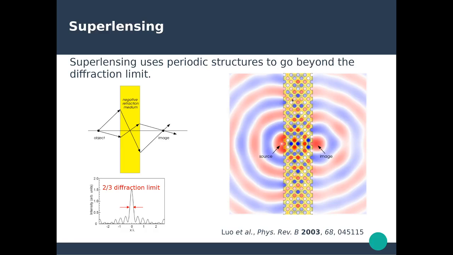This is just a computational simulation of a point source through this kind of photonic crystal, which is designed with materials, periodicity and size such that it behaves as a negative refractive index material, and you can form an image on the other side, which is very, very small. With those techniques, people are able to achieve 2/3 of the diffraction limit. So you're able to beat the diffraction limit we talked about very significantly using those artificial structures.